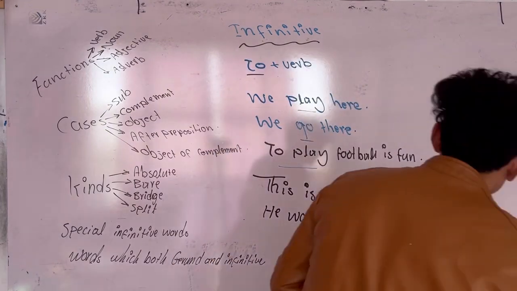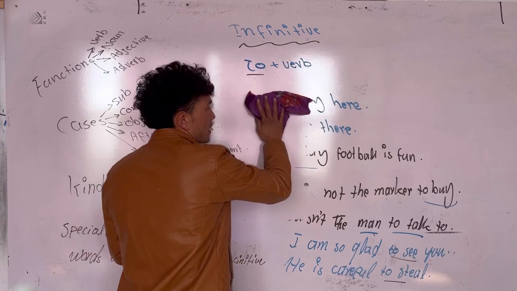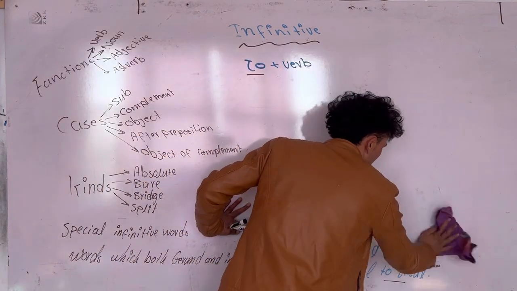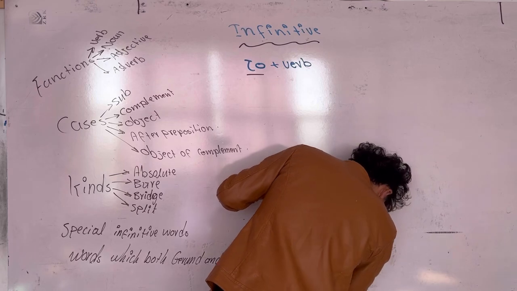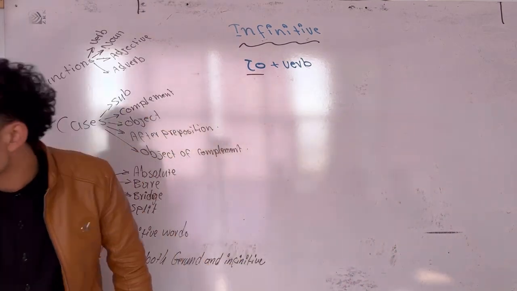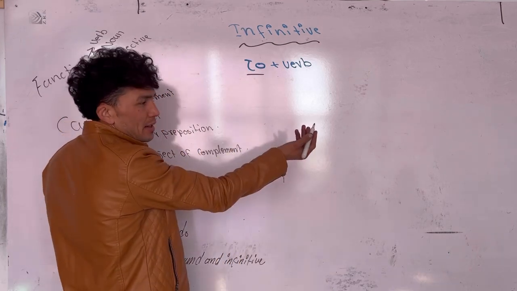The place of infinitive we are going to talk about. Okay, what is the first place of infinitive? As the subject. It can be used as a subject in a sentence. The subject you do know, right?